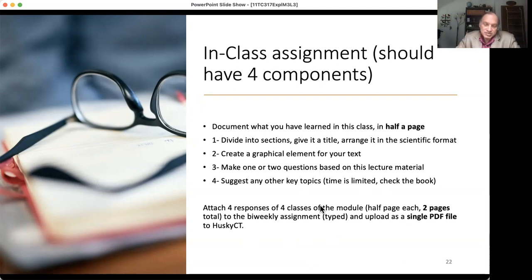The practice of introduction and experimentals we're going to do, you don't have to upload those. Those are for you to improve or practice your writing. So this is the only in-class assignment. Every class we have one of those. And 4 of those you want to put together and attach for this week, for this module, excuse me. All right, so we'll stop.